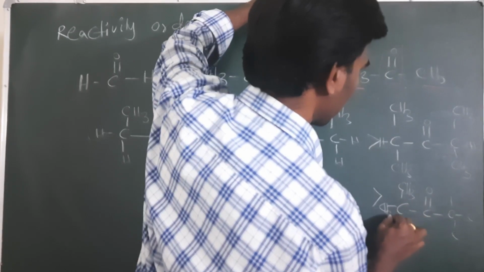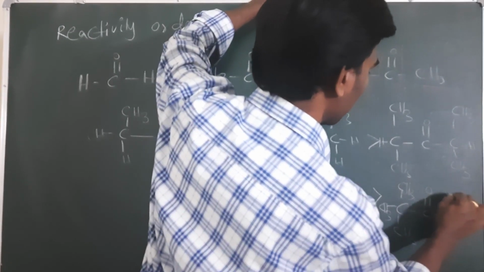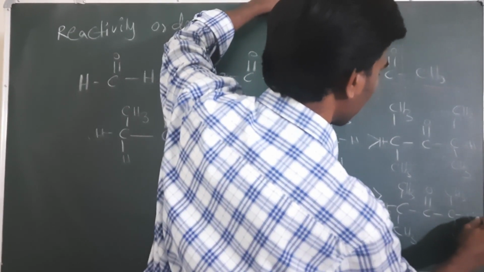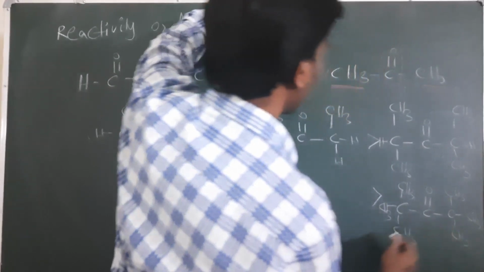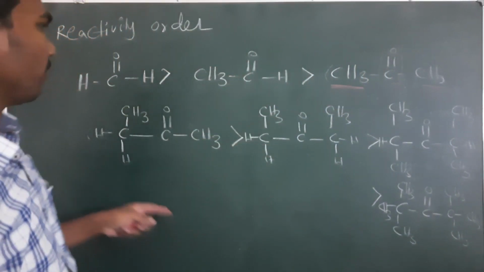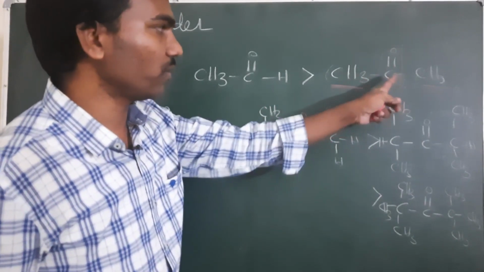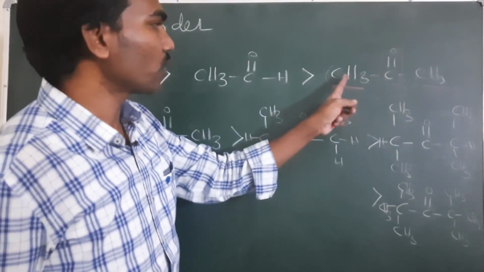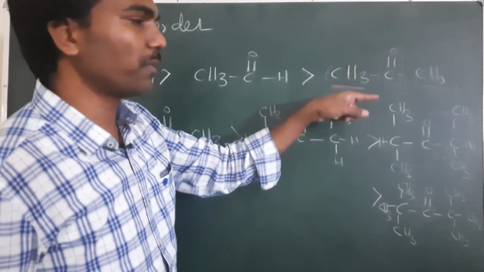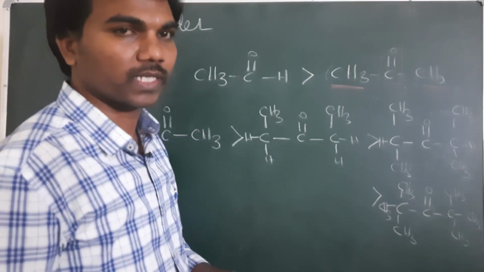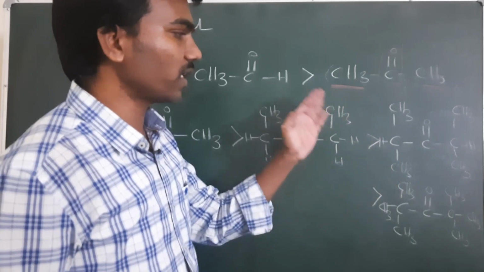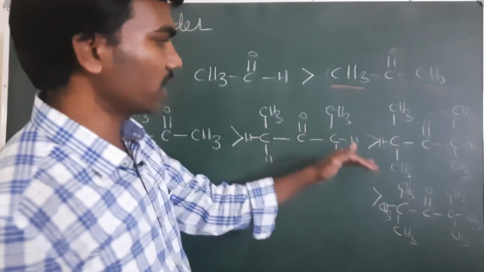So this is the reactivity order of formaldehyde, acetaldehyde and ketone. If the ketone is a symmetrical ketone like this, and if hydrogens are replaced by methyl groups, as the number of methyl groups increases, the reactivity of that ketone will decrease. So this is the reason.